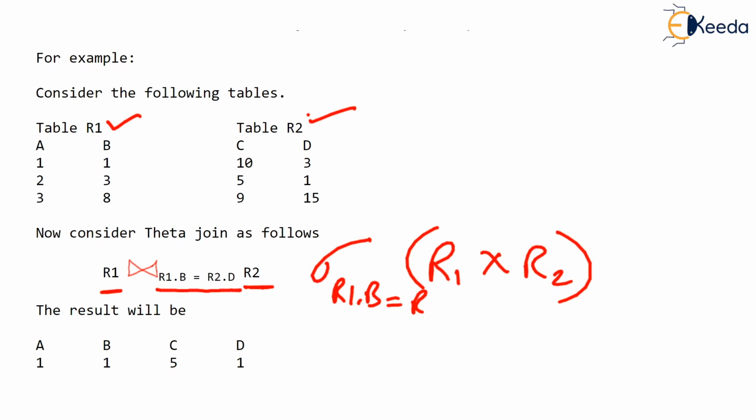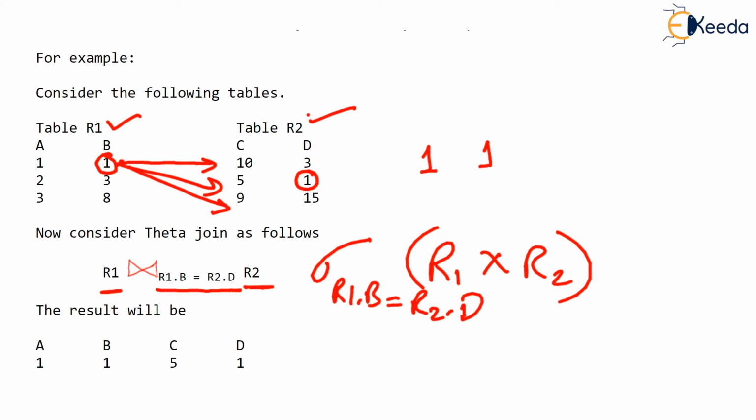So as you all know, the first row will be joined with all three rows, and we are interested only in those rows where B is equal to D. So only this one here matches this one in the second row. So the first row shown in the result will be 1 1 5 1.